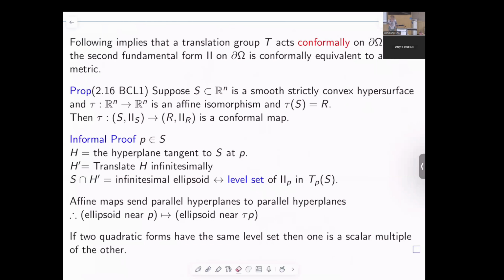So as a consequence, a generalized cusp has a boundary coming from this convex hypersurface in affine space, and that boundary has a metric on it coming from the second fundamental form, and that metric is actually a Euclidean metric. So there's this kind of intrinsic Euclidean geometry on the boundary of a generalized cusp.